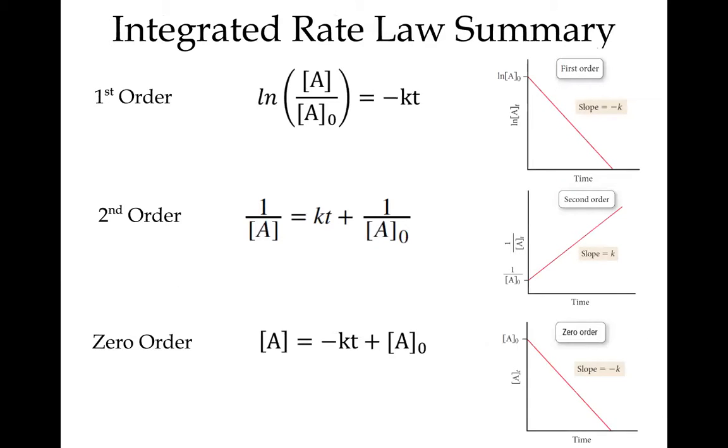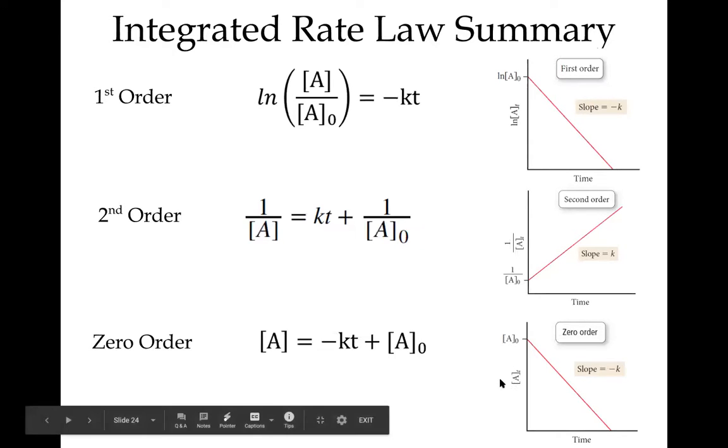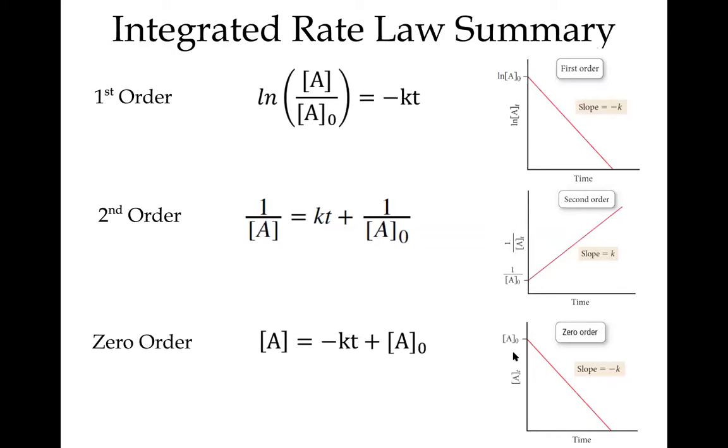We could do problems, but this is the summary of first, second, and 0 order reactions, and what their y-intercepts are, whether it's the natural log of the initial concentration, 1 over the initial concentration, and then just the initial concentration for 0 order.